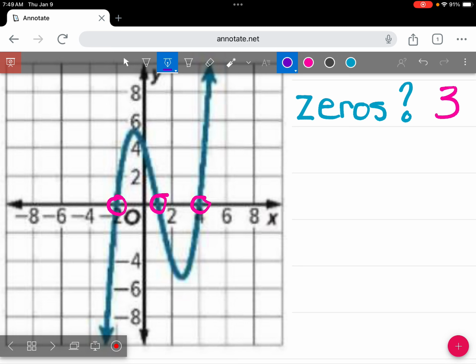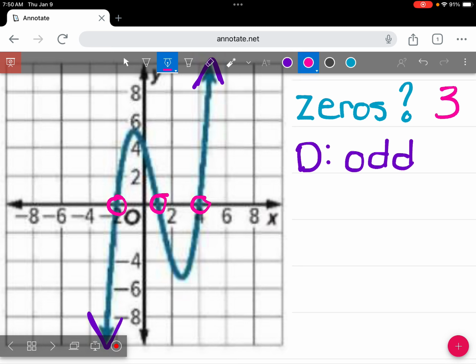What do we think about our degree? Is it going to be odd or even? Odd. Why odd? Because the arrows go in opposite directions. So we know because they point in different directions that it's odd.